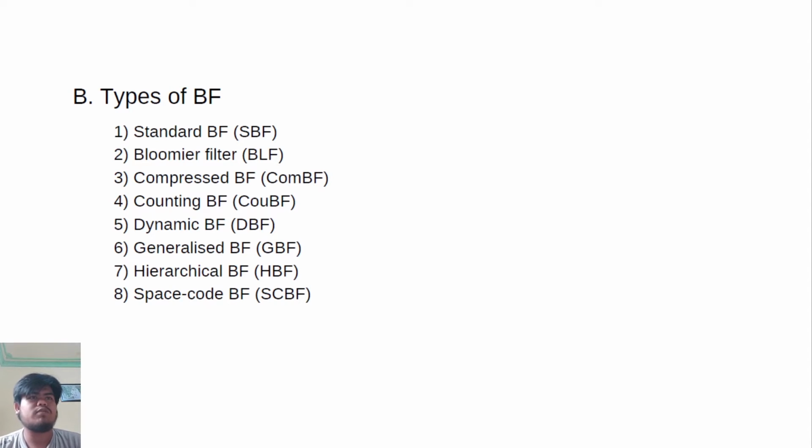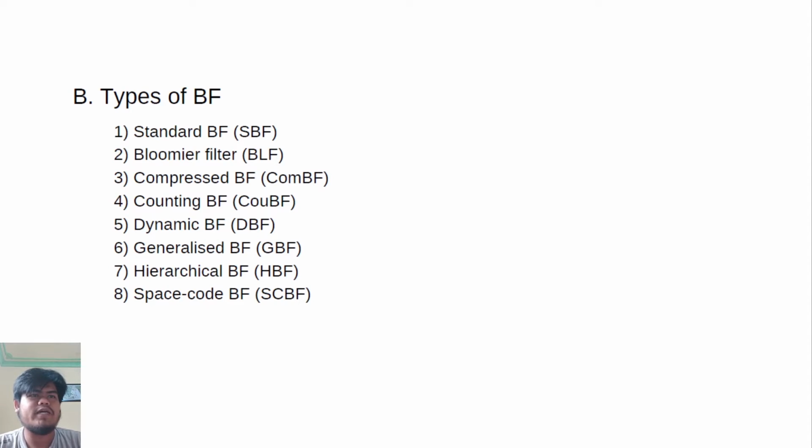Point B, types of BF. There are 8 types of BF. The first one is standard BF. Second, Bloomier filter, and next compressed BF, and then counting BF.